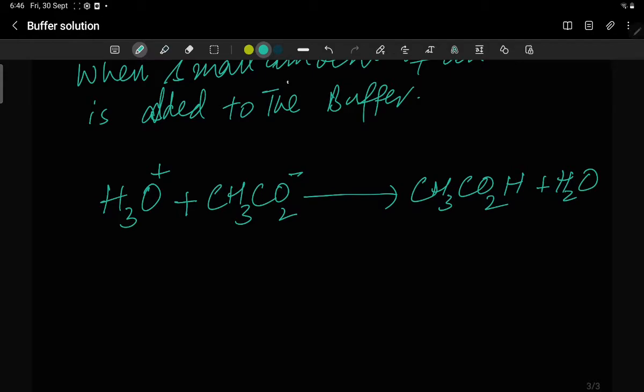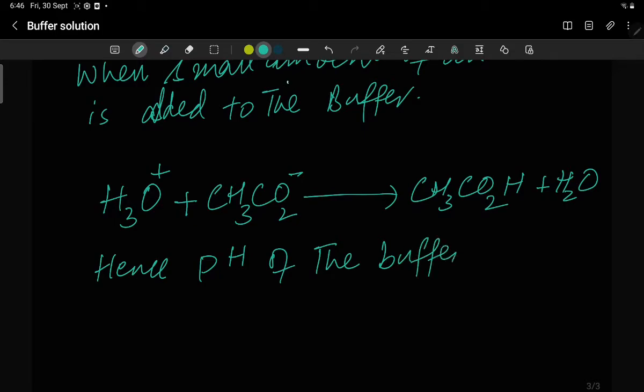Hence the pH of the buffer remains unchanged.